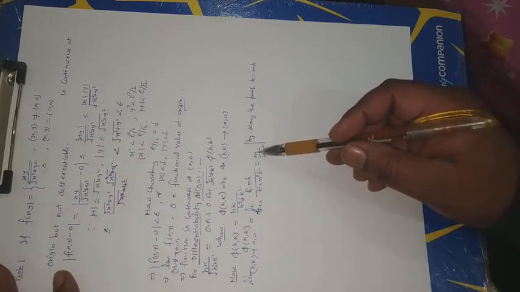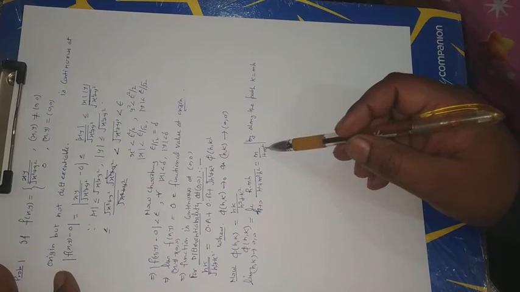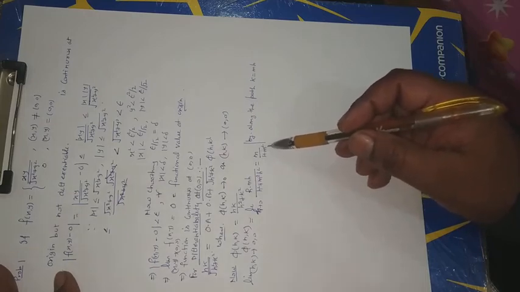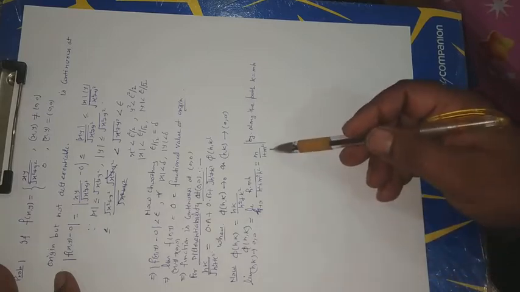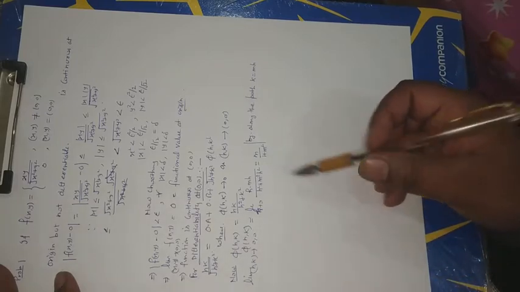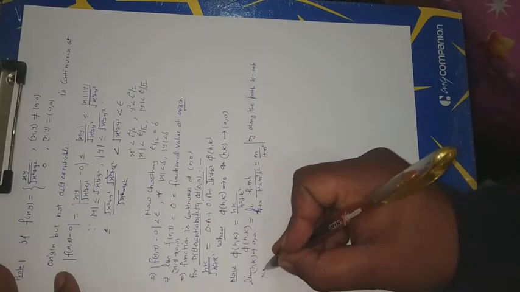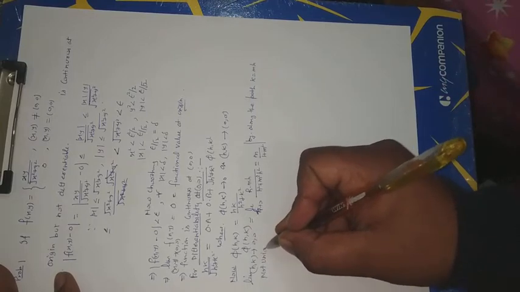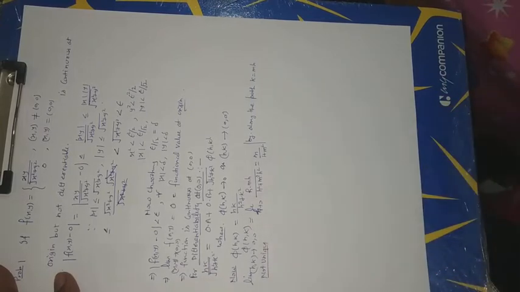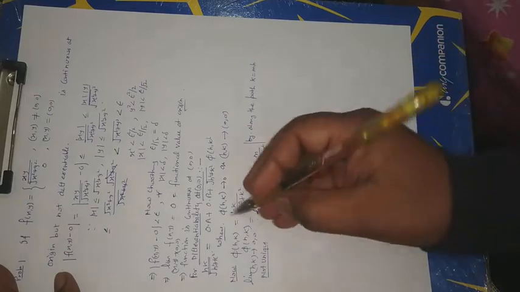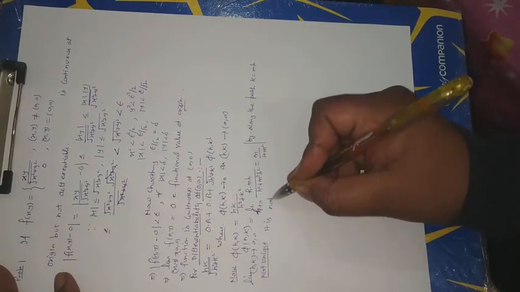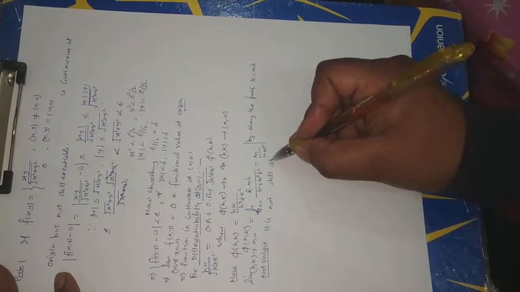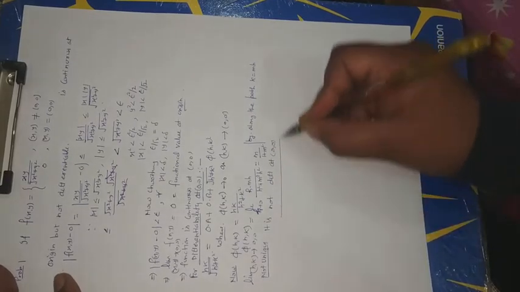For every finite value of m, that is, for different values of m, the limit of phi(h,k) is a different value, therefore it is not unique, therefore it is not differentiable at origin. Okay, student.